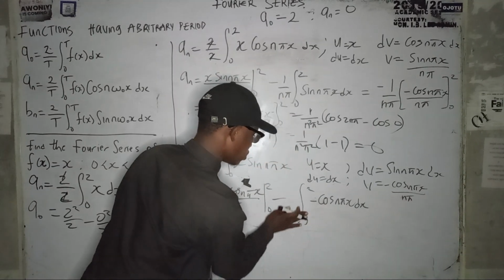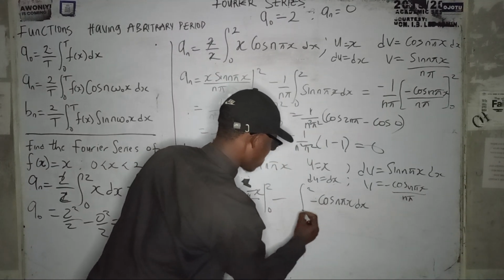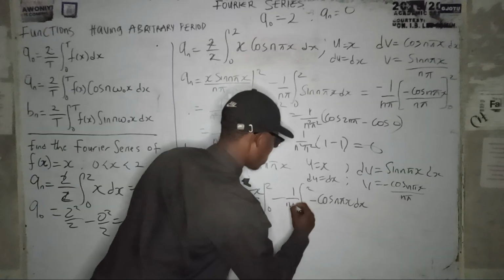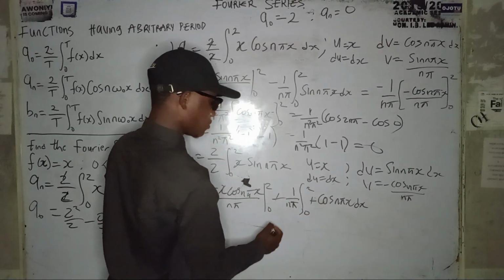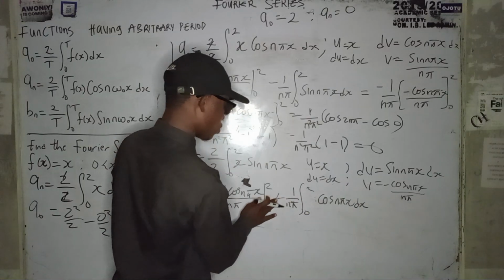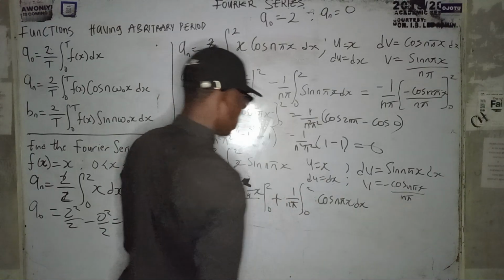We just put the 1 over n pi here, and the minus here will also cancel this minus here, so this will just become plus at the end of the day.